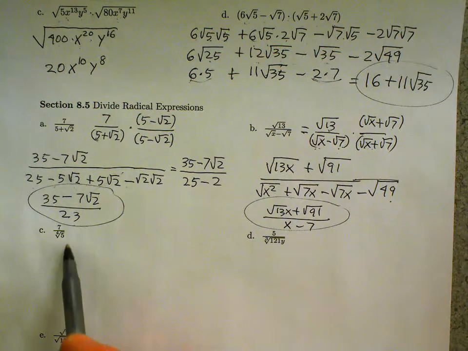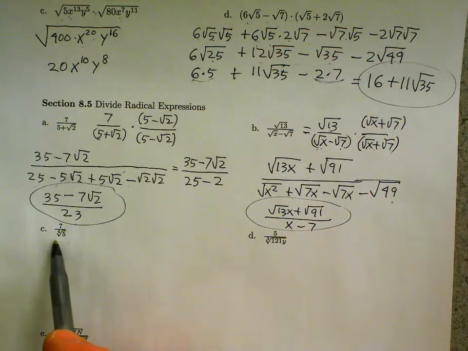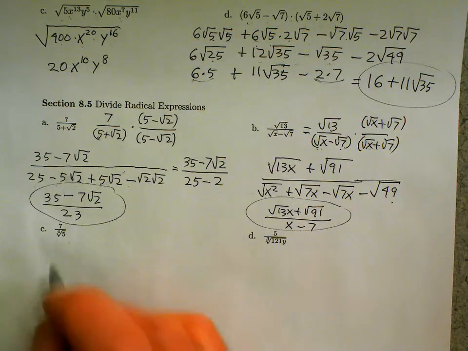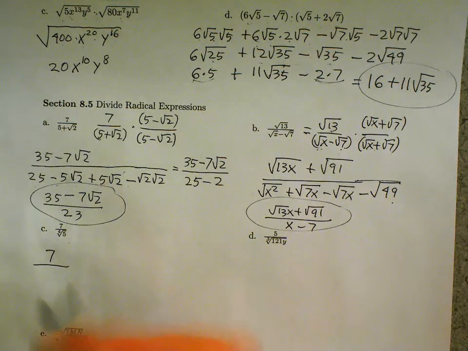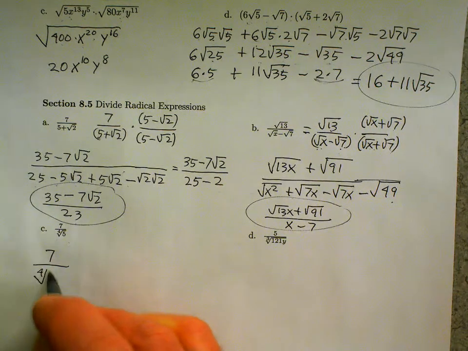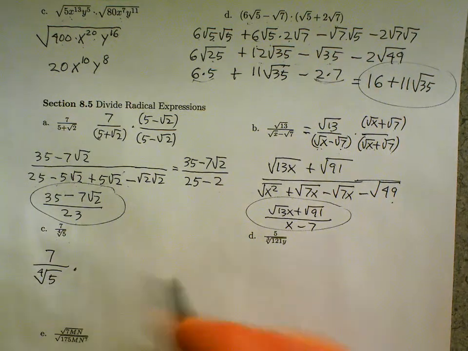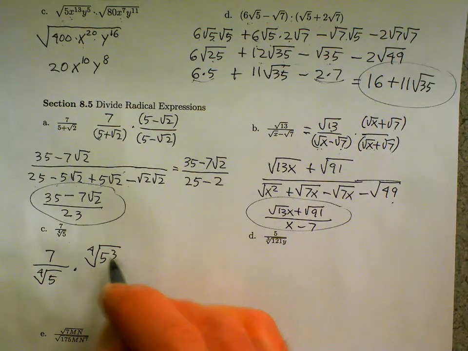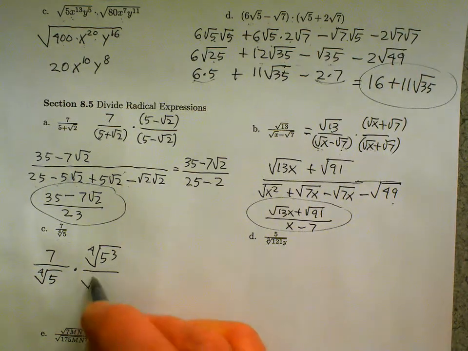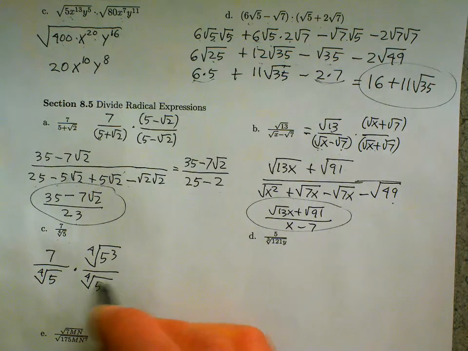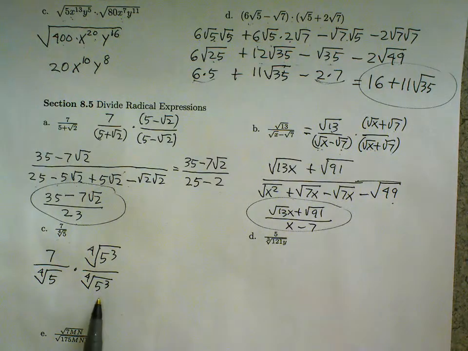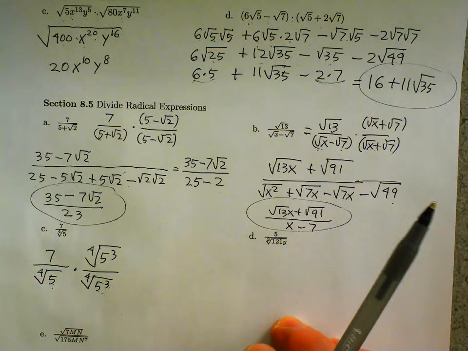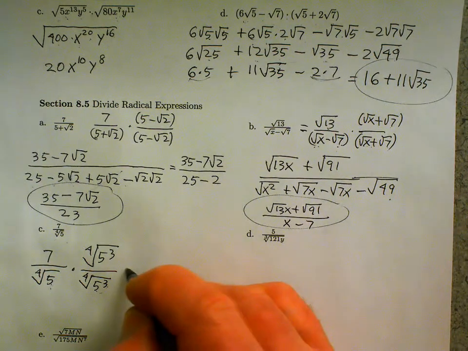Okay, for the next one, 7 divided by the fourth root of 5. So this time we multiply by 1 in the form, the fourth root of 5 to the third divided by the fourth root of 5 to the third. We're choosing this because 5 times 5 to the third is 5 to the fourth, which is a perfect fourth power.